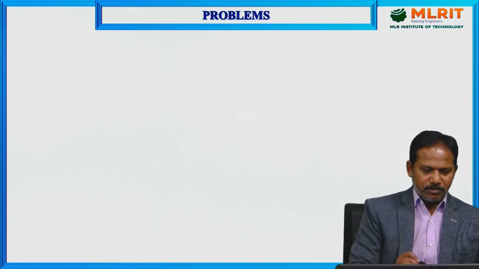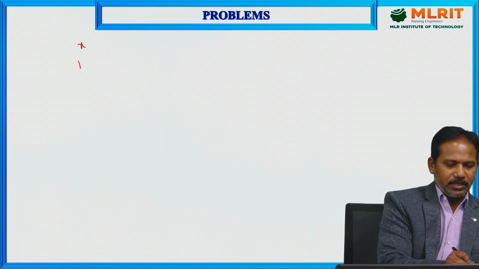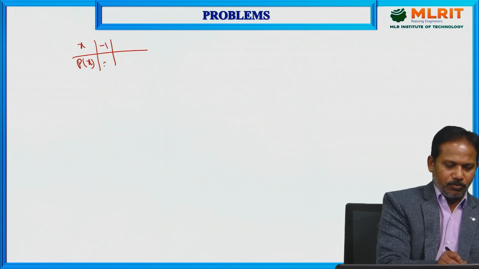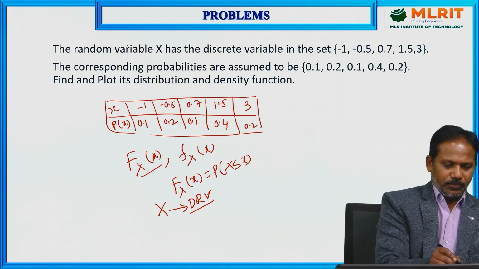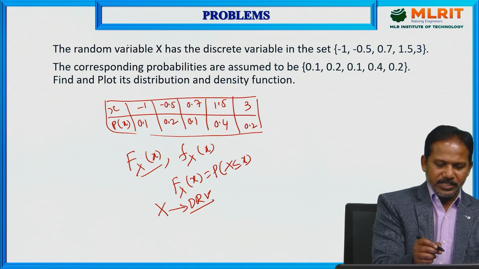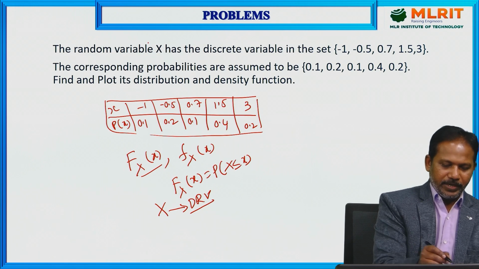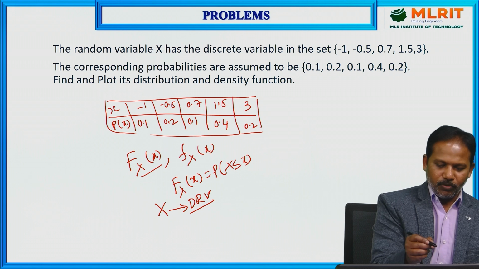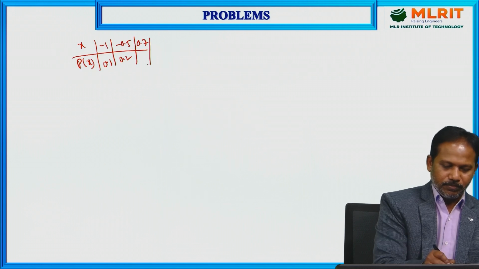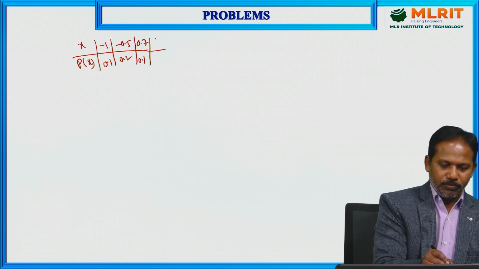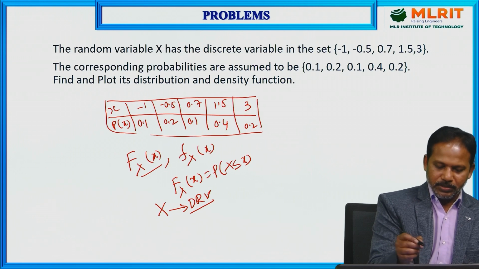I want to write the table again, that is x and p of x: -1 with 0.1, -0.5 with 0.2, 0.7 with 0.1, 1.5 with 0.4, and 3 with 0.2.